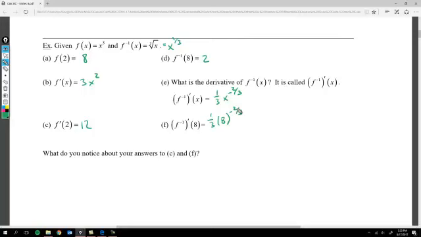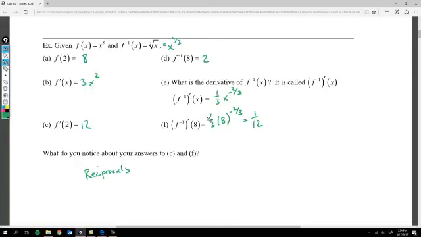Then we square that, so it's 4, but I have to flip it, so it's 1/4. So 1/4 times 1/3 is 1/12. Hey, look at that. It asked what I know between C and F. Well, they're reciprocals. That's very important.